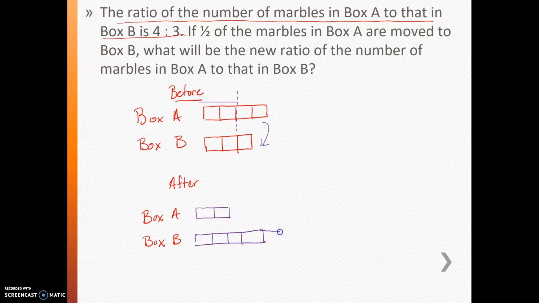Oops, I didn't quite draw enough room there. There we go. And if it gains 2 units, it's going to have 5 units, obviously. Our question was, what will be the new ratio of the number of marbles in box A to box B? So now we want to draw our new ratio. Box A now has 2 units, box B has 5. We can't simplify that anymore. And if we take a look back at our word problem, I would say we definitely answered the question.